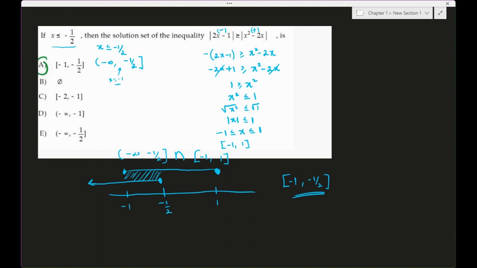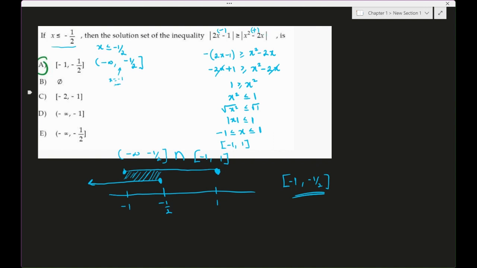Okay, just a quick summary. We're dealing with an absolute value, so take any point from the restriction you are given, this domain of x, and put it in. For example, we took minus 1: in the first quantity you get that the sign is negative, and in the second you get that the sign is positive. Then use the definition of an absolute value. If the quantity inside is negative, to remove the absolute value you have to add a negative.